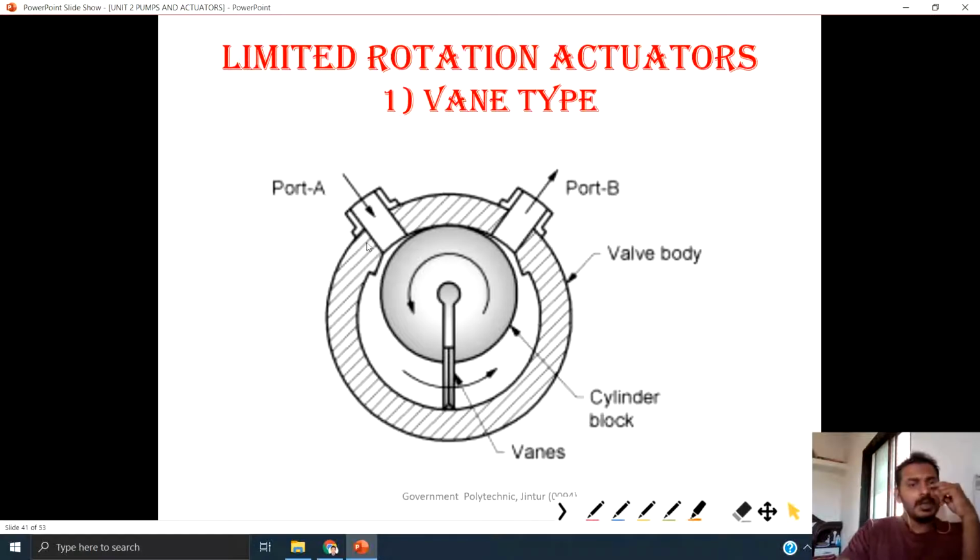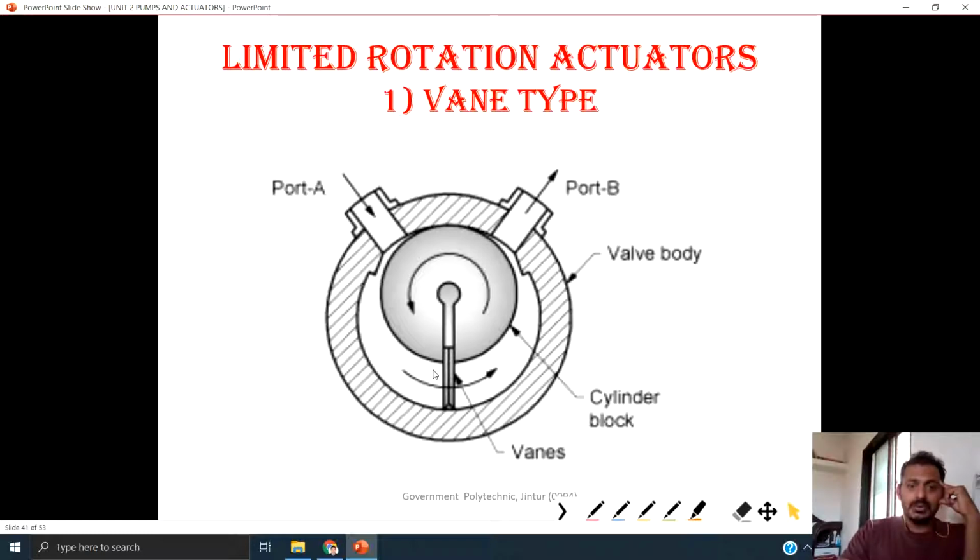Here, first we will see the construction. Construction consists of a cylinder block, then the outside wall body, and we are having port A and B. If the supply of pressurized fluid is given from port A, then this fluid tries to move this vane. This vane is placed inside the cylinder block with the help of a spring.